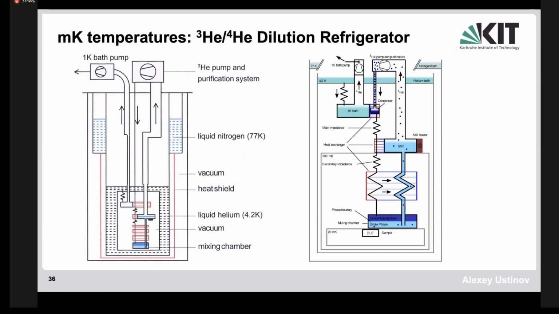Then there is exchange between the incoming helium-3 and the cold helium-3 coming out. So by having several stages, this is about 1 Kelvin, this is less than a Kelvin, and this is the mixing chamber. By doing this process, you can achieve temperatures here around 10 to 20 millikelvin.